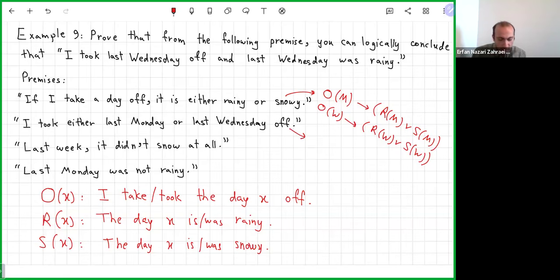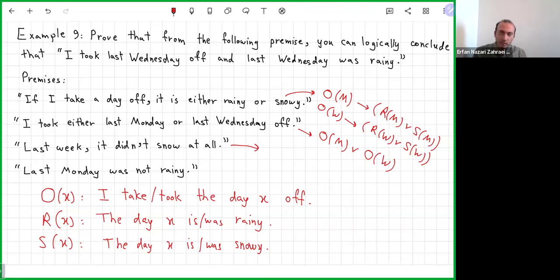Out of this, what can I say? I took either last Monday or Wednesday off. So I know that either I took Monday off or I took Wednesday off: O_M or O_W. That's this statement. What about this? Again, it's a general statement for all days, so I just write it twice, for Wednesday and Monday. Last week it did not snow at all.